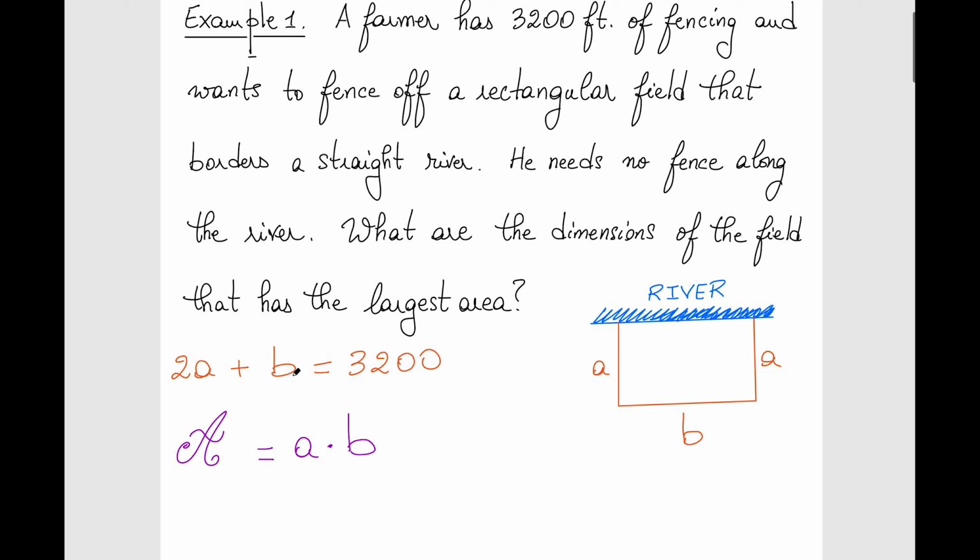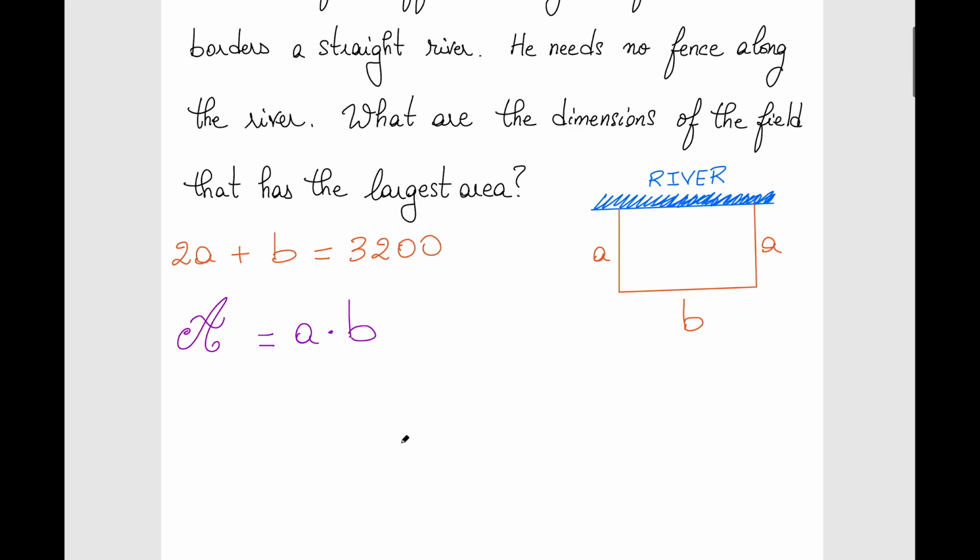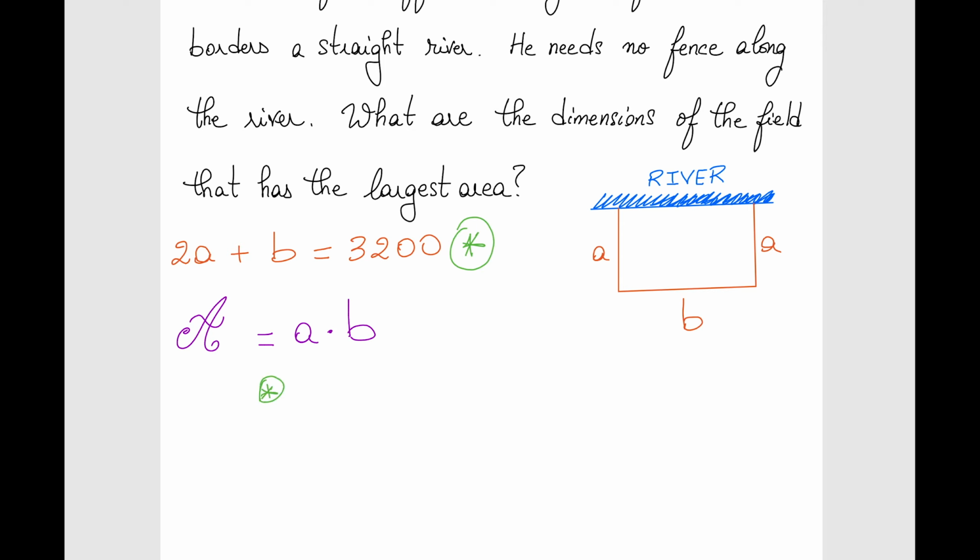So this gives me, let's say, B is 3200 minus 2A, right? If you want to call this asterisk, you can say that this area function is equal to A times (3200 minus 2A).